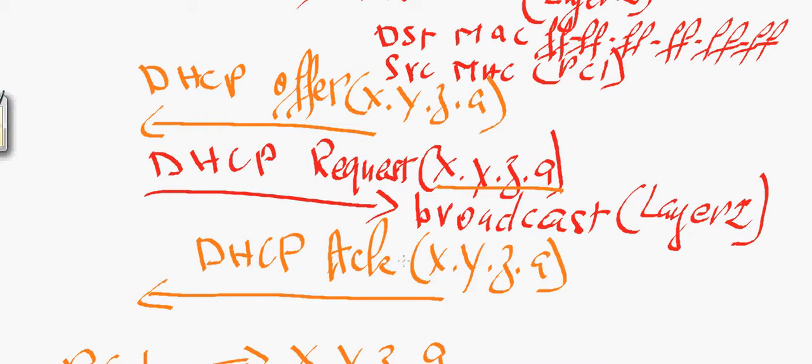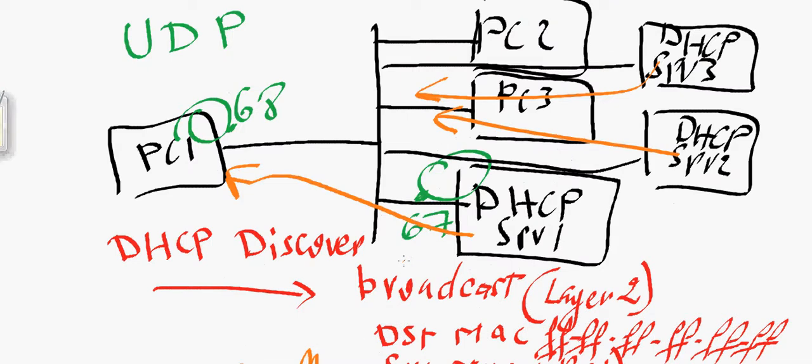Now, the other DHCP servers are going to receive this DHCP request message because it's broadcast. Let's say here the offered IP address is 1.1.1.1, and here the offered IP address is 1.1.1.2.